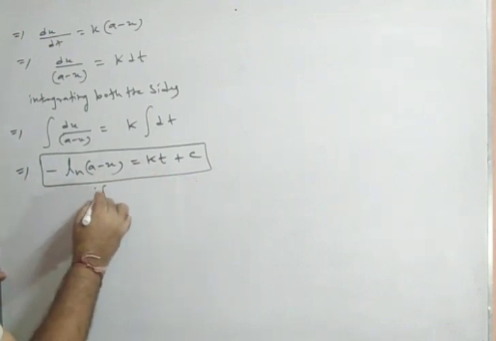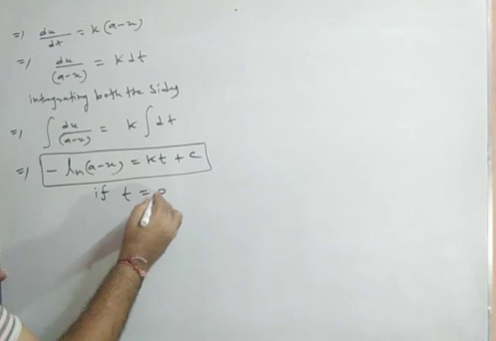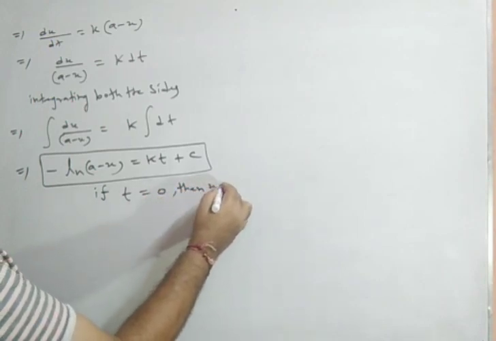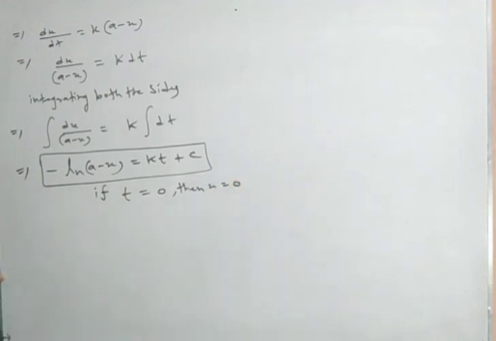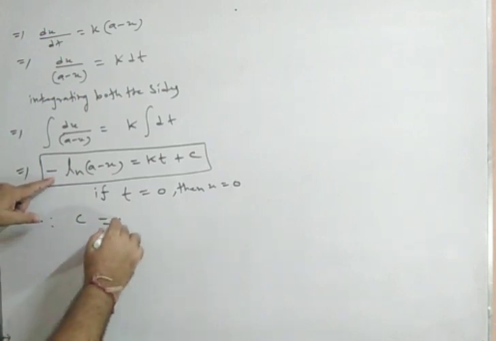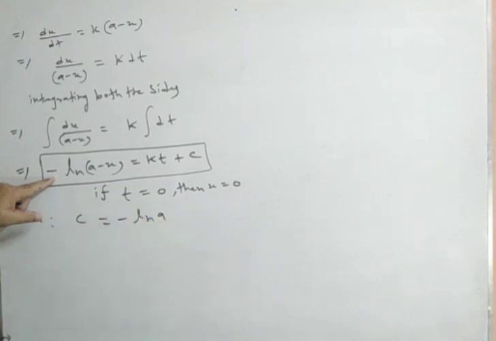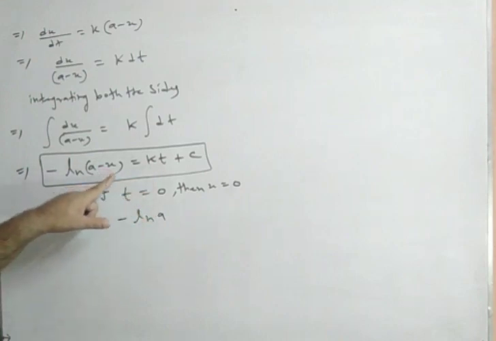If t is equal to 0, then x is equal to 0. Therefore, c is equal to what? Minus ln a. Because t is equal to 0, x is 0, then c is equal to minus log base e a.